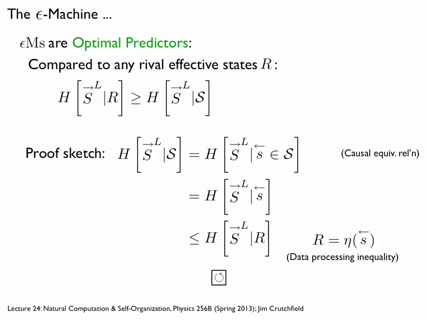So we're going to go back and start talking about how an arbitrary choice of model induces a partition over the space of histories. And the idea here is to establish optimality. What we mean is that the uncertainty in the future, given the causal states, is the lowest compared to any other alternative. If I condition on anything else, typically your uncertainty will be higher.